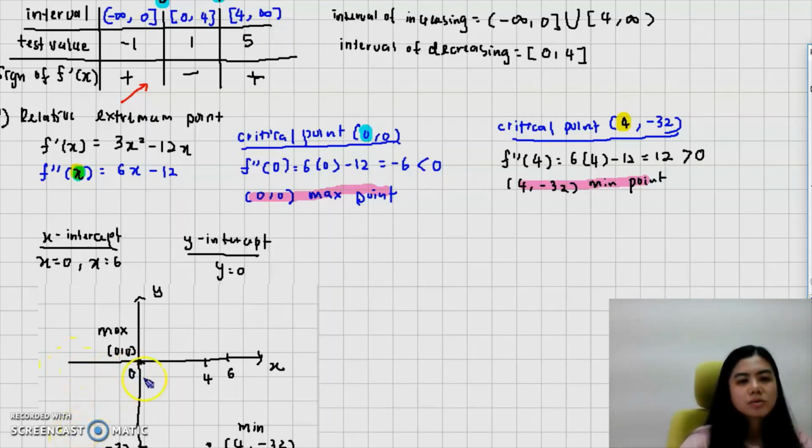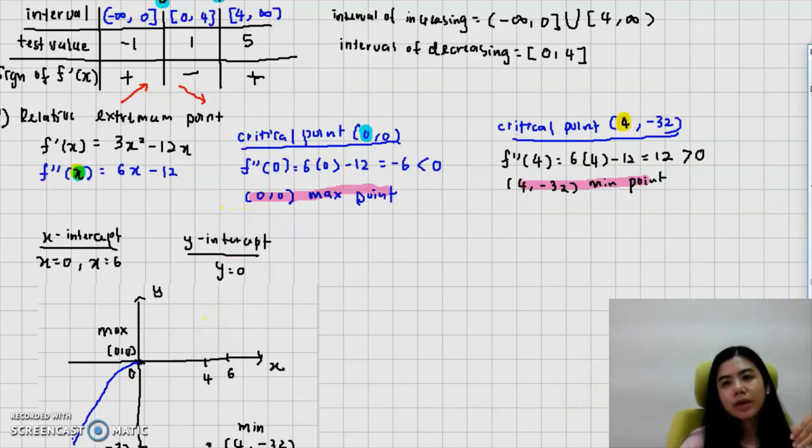So let's draw it. We have going up, right? Then from 0, 0 to 4, that is an interval that is going down, because it's decreasing. So that is a smooth curve that is going down, right?